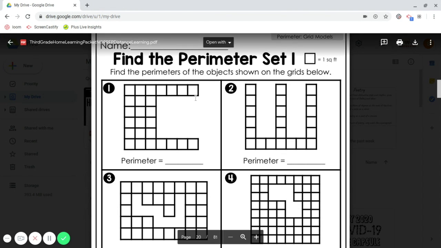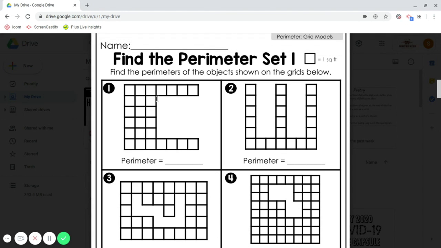Then we need to count this section on the inside, this section, and this section. Because the figure is open, we need to count these. So this would be another 1, 2, 3, 4, 5, 6, 7, 8, 9, 10, 11, 12, and 13 for this one. I think it should be 14.